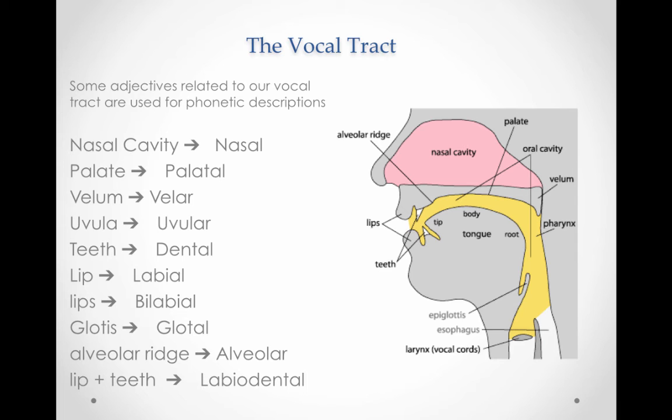How many nasal sounds are there in English? If the place where the sound is articulated is in the palate, then we call it palatal. If it is in the velum, as you can see the velum there on the right, we call it velar.